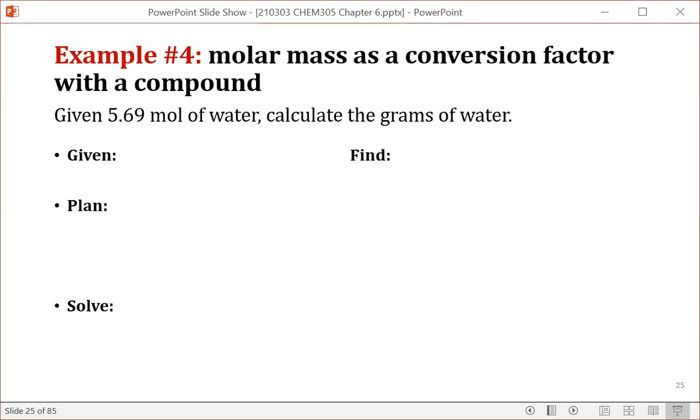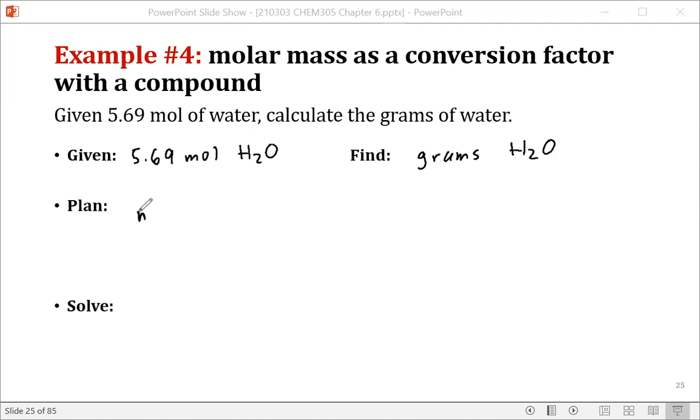Okay, let's do another one. So given 5.69 moles of water, calculate the grams of water. So our given is the moles of water, 5.69 moles of H2O, and we want to find grams of H2O.